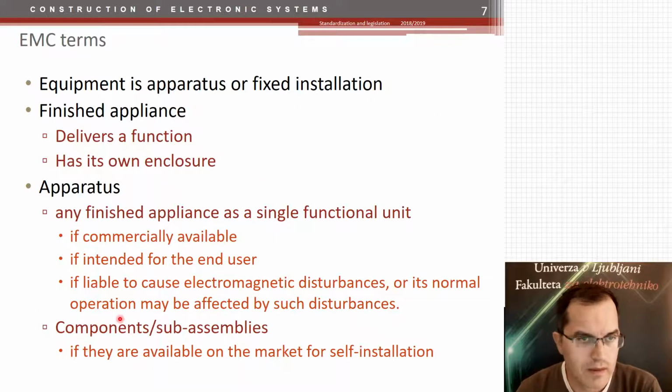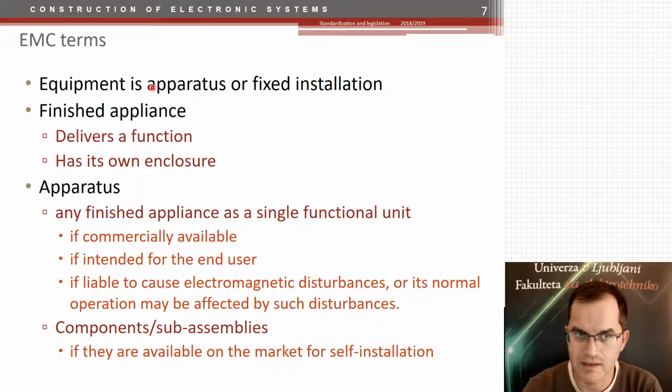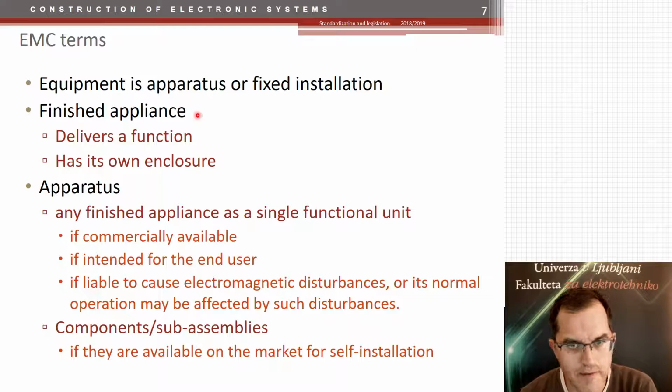What is equipment? The term equipment can be either apparatus or fixed installation. Apparatus is something that is carried around, and fixed installation is installed in some location. What is a finished appliance? A finished appliance is something that has its own enclosure and delivers a function.